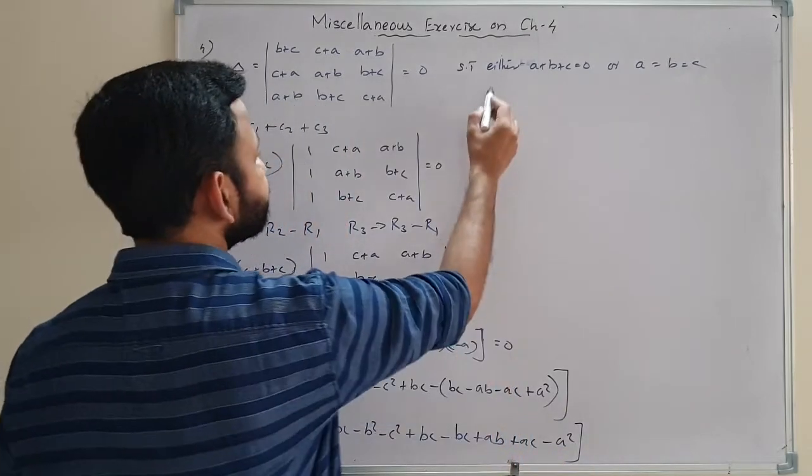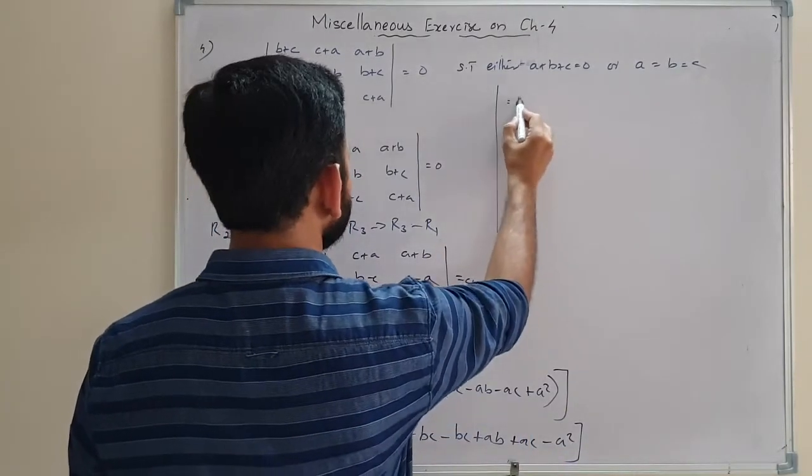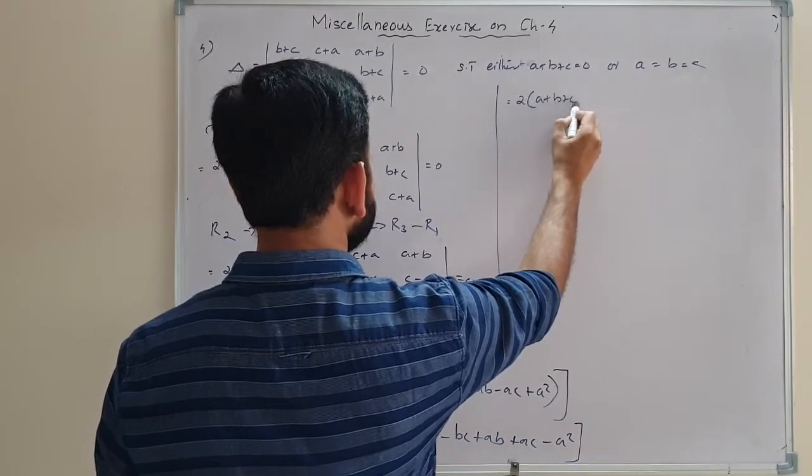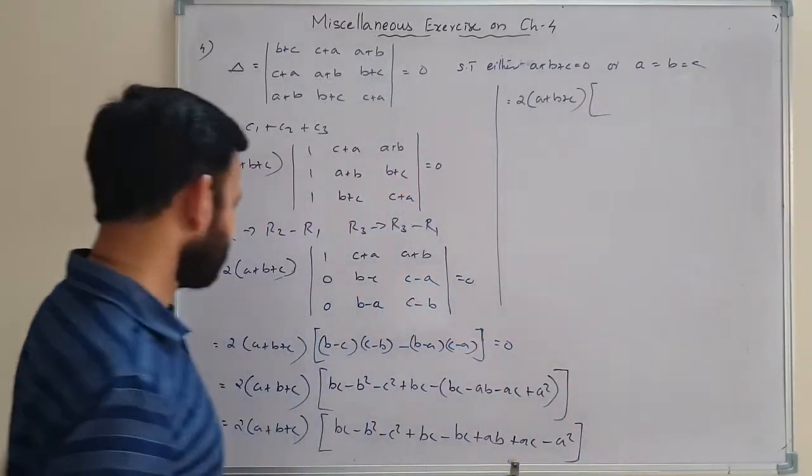That is equal to 2 into (A plus B plus C) in bracket.